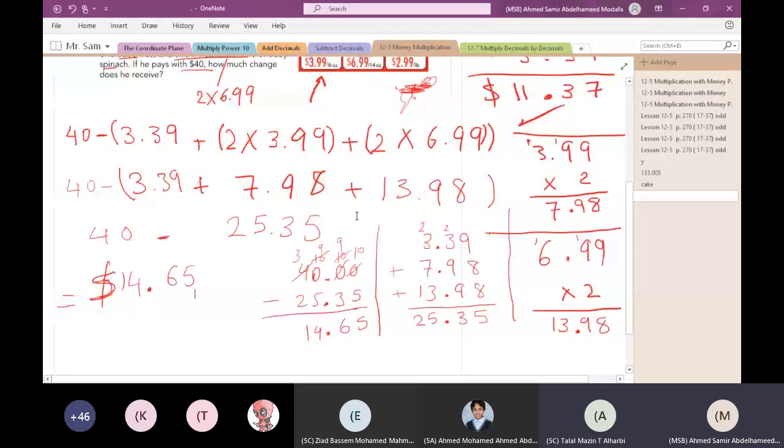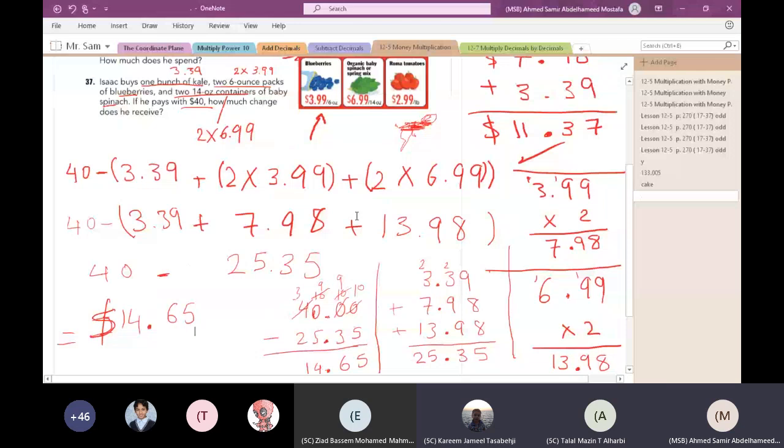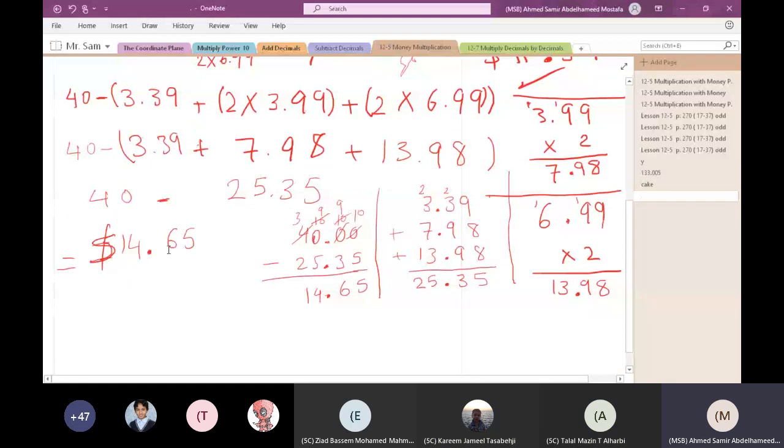It's 14.65. I subtracted. Isaac paid 40 for these items, and he received back 14.65 because the items are 25.35. Sir, I have a question in 37. Sure, go ahead.